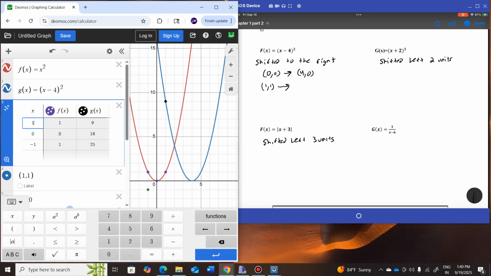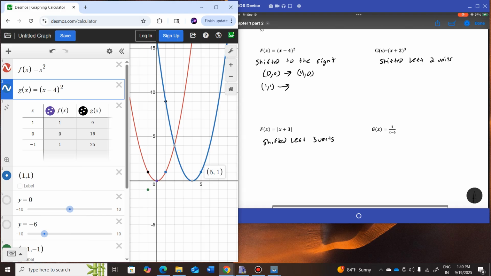We're doing the horizontal shifts, so we're going to have to do this a little differently. 1, 1 gets shifted to 5, 1. And then negative 1, 1 gets shifted, and you add 4 again, to 3, 1.